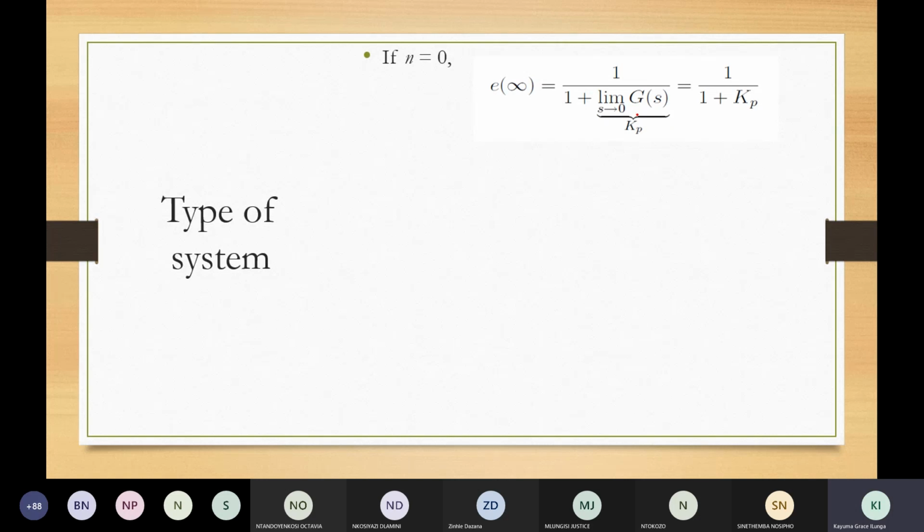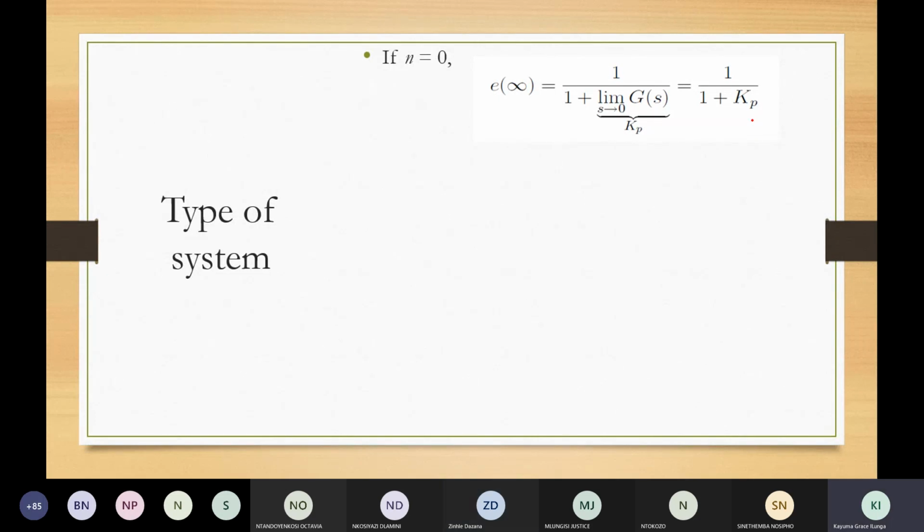In the case where n is equal to 0, the limit of the transfer function is called the position constant. This is Kp, and we replace this limit by Kp. Are we together?